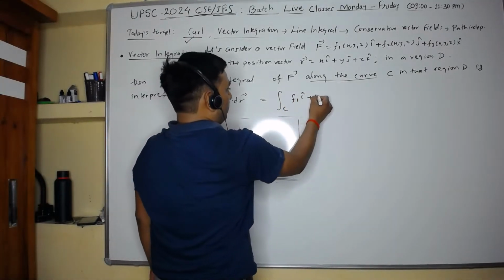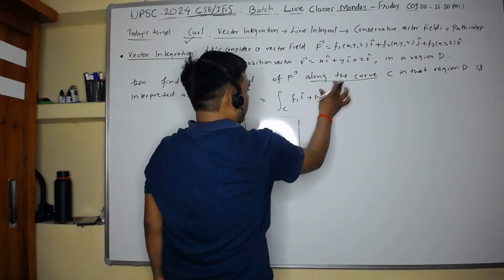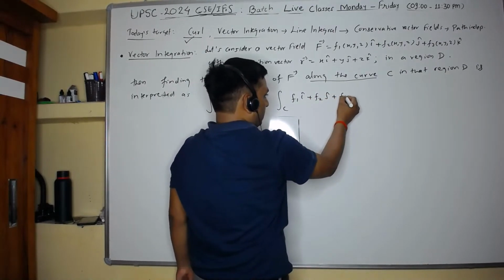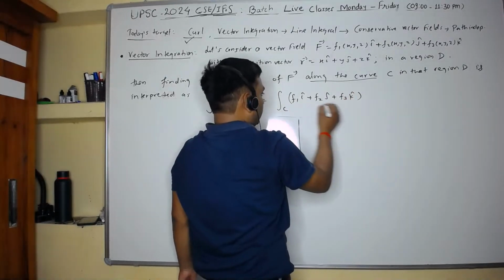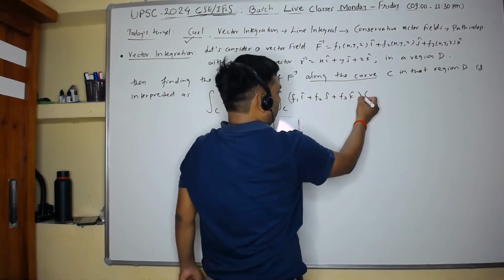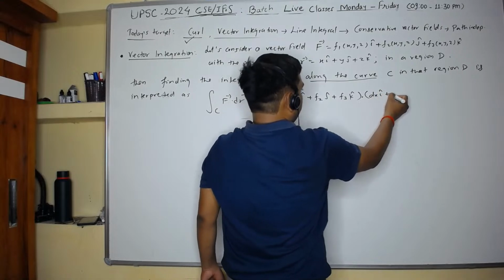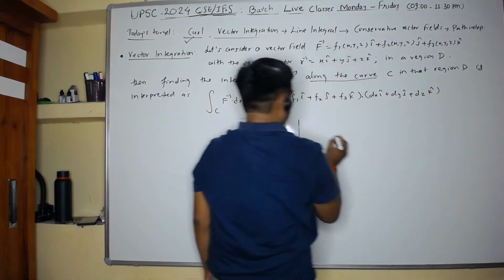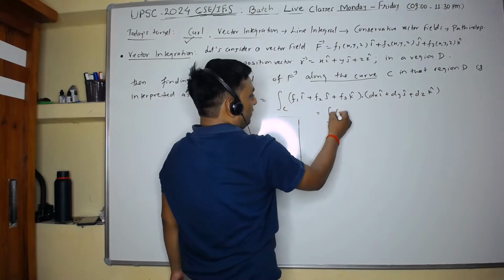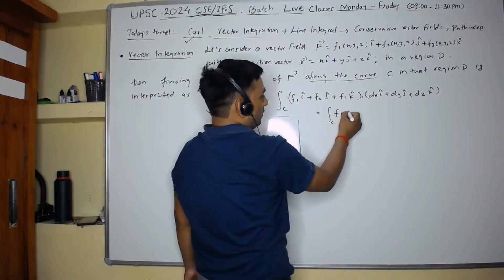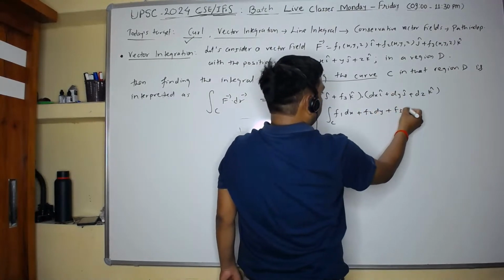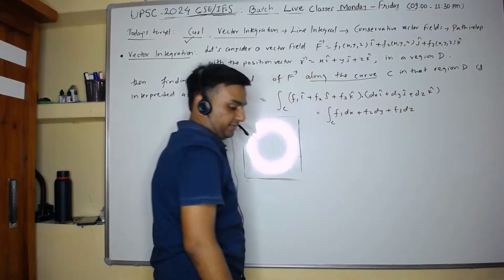F1 I cap plus F2 J cap plus F3 K cap. What is dr vector? That will be dx i cap plus dy j cap plus dz k cap. So ultimately it will be looking like integration along C f1 dx plus f2 dy plus f3 dz.